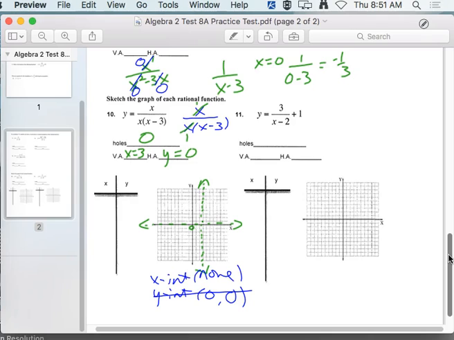Alrighty, now it's up to you, but the easiest one to punch in is going to be the one where we went ahead and multiplied this out, the x over x squared minus 3x. Add some space for that. One set of parentheses for the numerator and one set of parentheses for the denominator. And on this one, you wouldn't need them on the top, but it sure doesn't hurt.